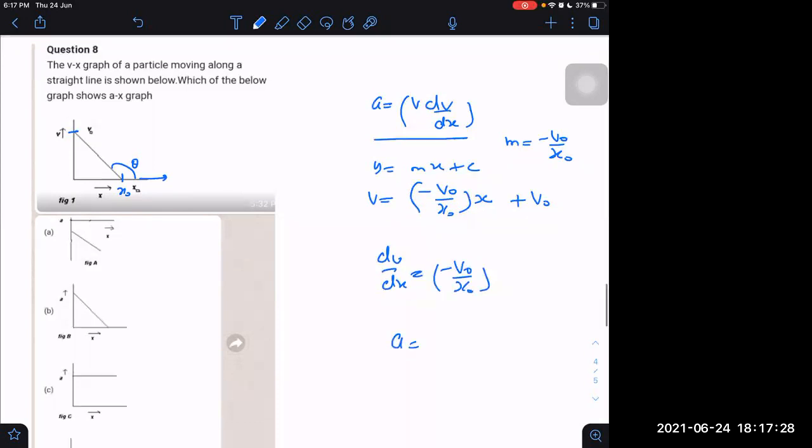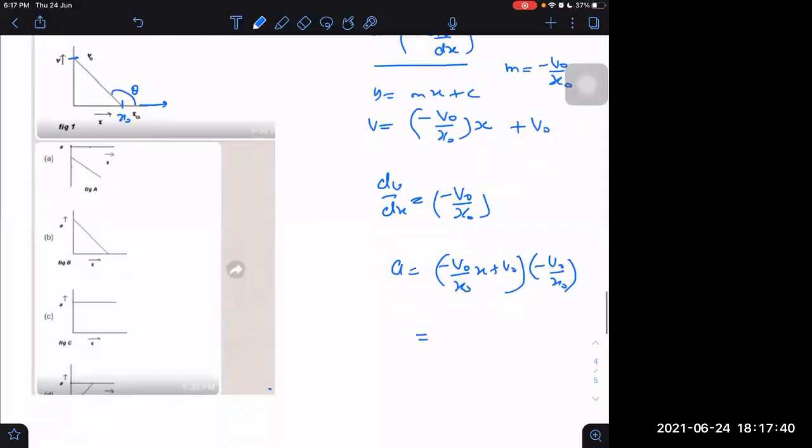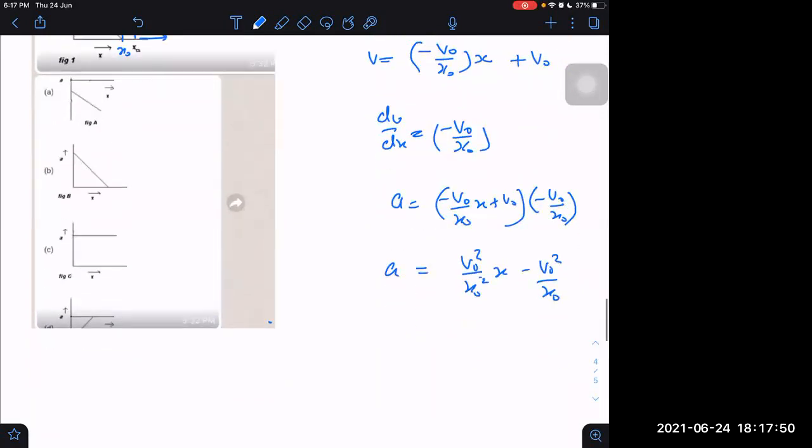What is acceleration then? Acceleration is v into dv by dx, that is minus v naught by x naught into x plus v naught, whole multiplied by minus v naught by x naught, right? What would that be? v naught square by x naught square into x minus v naught square by x naught. That is acceleration.